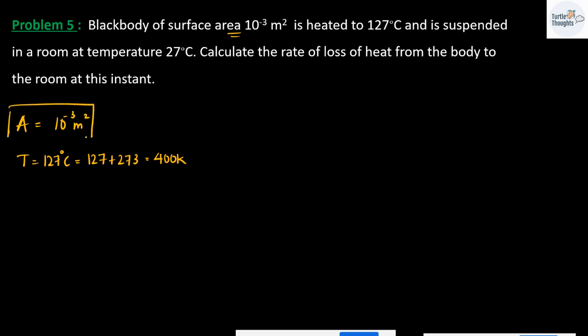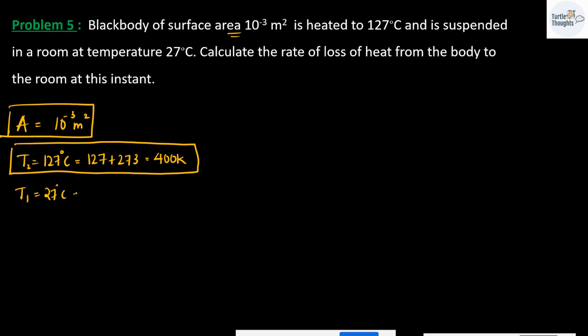I have one more value of T, which is 27 degrees Celsius. So this is the higher value, I can take this as T2. The other one, T1, can be taken as 27 degrees plus 273, which is equal to 300 Kelvin.